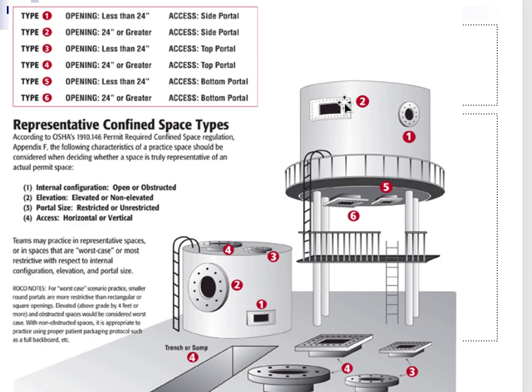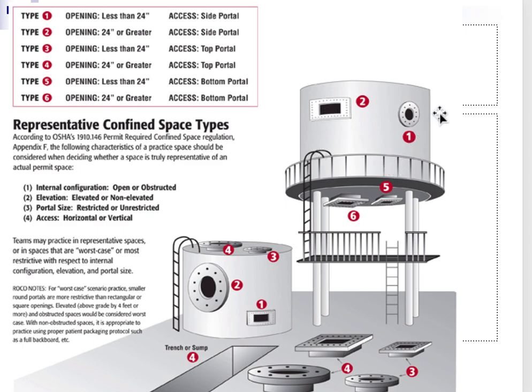So this slide, although somewhat busy, definitely displays to you the different types of confined space entry portals, where you could have to be on an elevated surface and then an elevated entryway.